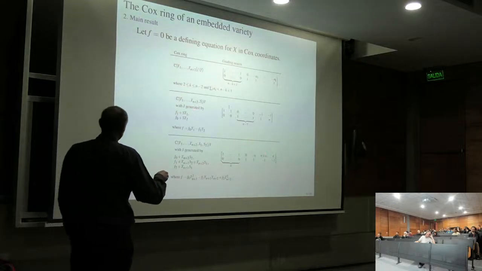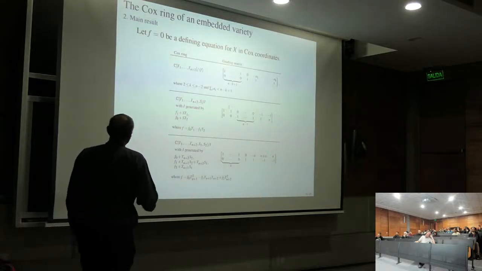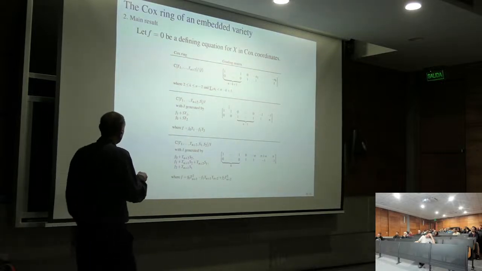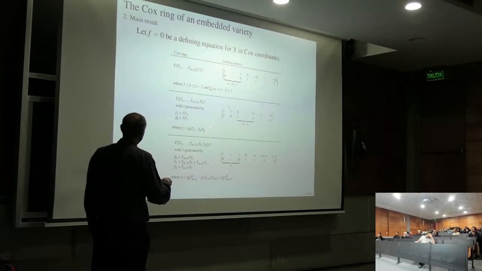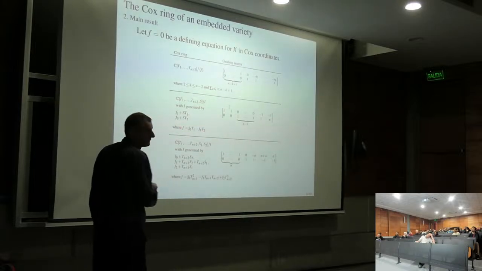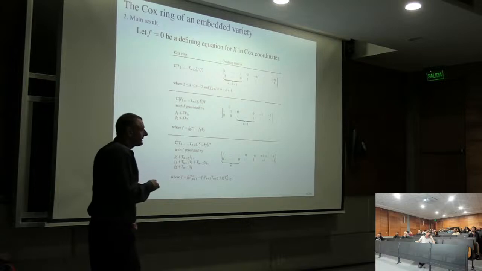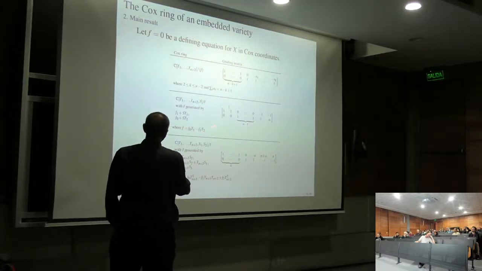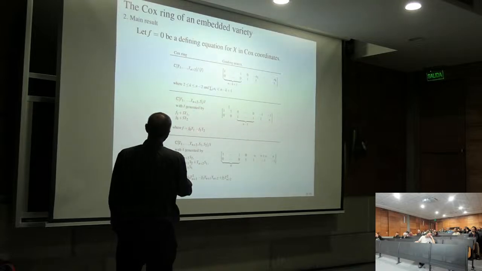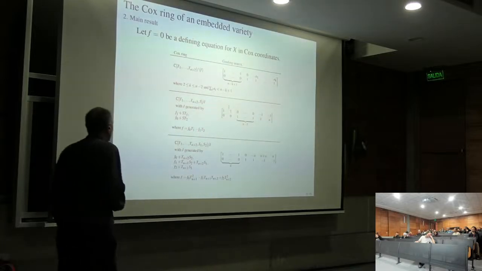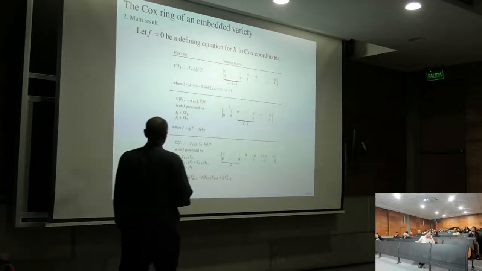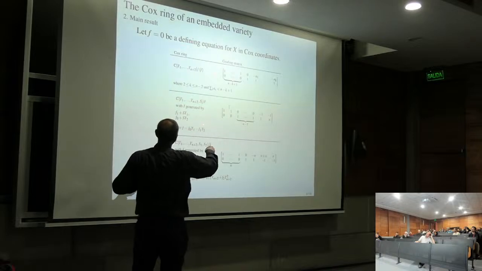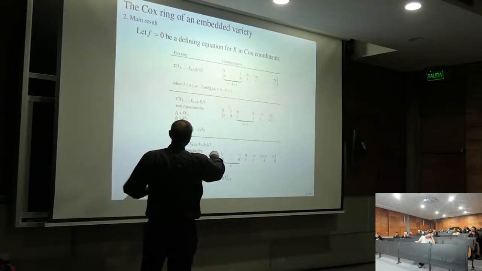In this case, the Cox ring is a complete intersection with two equations, and the two equations come from the shape of F. So it is easy to see that when you write down F, it is written in the following way: F0 T1 minus F1 T2, and in this Calabi-Yau case, this is unique, but it's not really important.